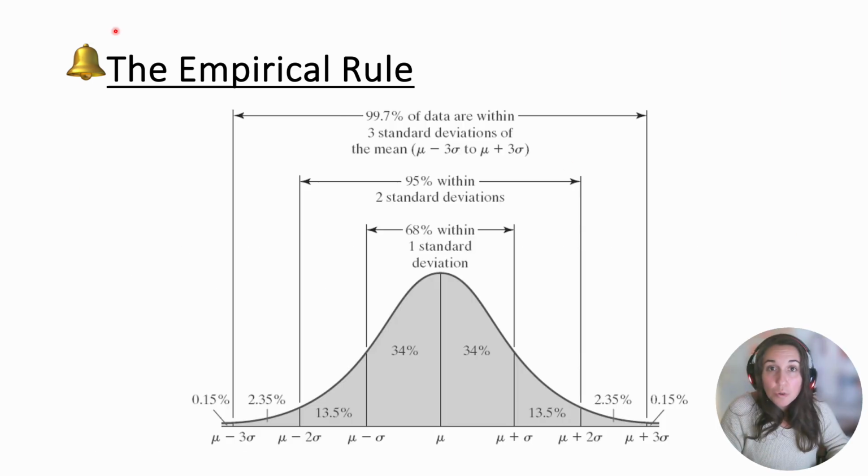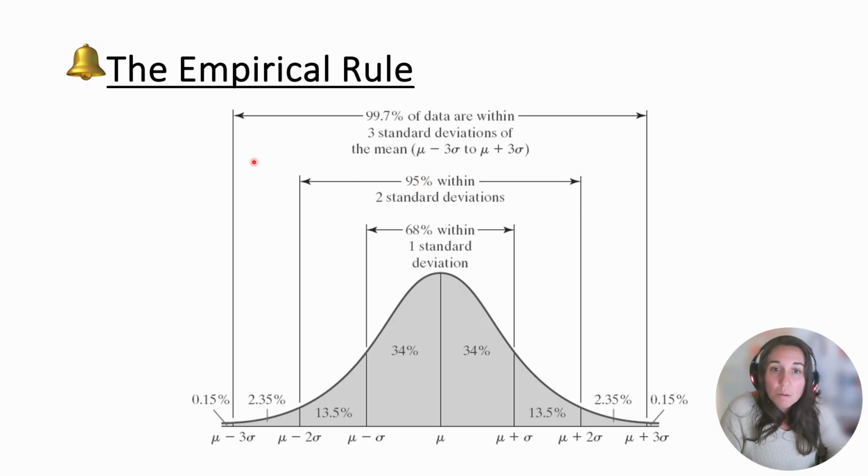So I don't know about you, but I do a lot better with visuals. This is a visual of the empirical rule just to help you lock it in. We've got this nice bell-shaped data. Here's our mean right in the middle. If we go out 1 standard deviation in either direction, we've got 68% of our data, right? 34% of it should fall here and 34% of it here. If we go out 2 standard deviations, now we've got 95% of our data falling within those first 2 standard deviations.